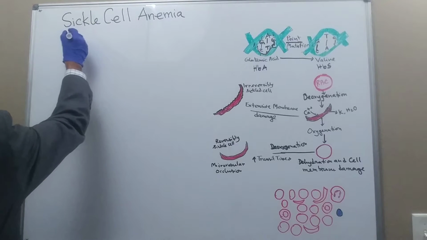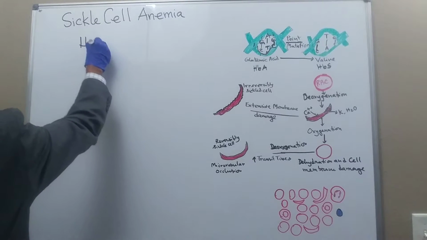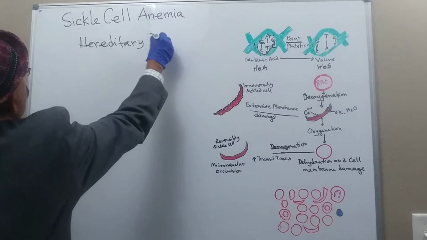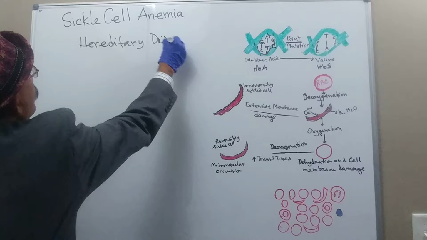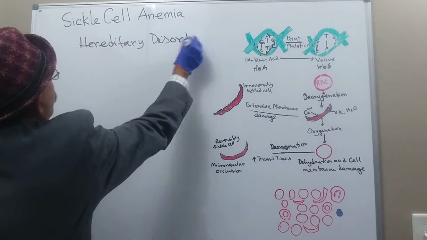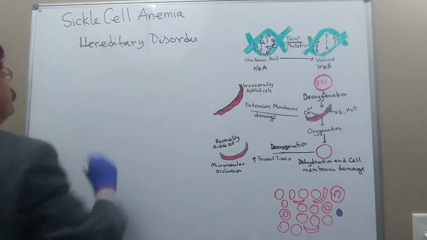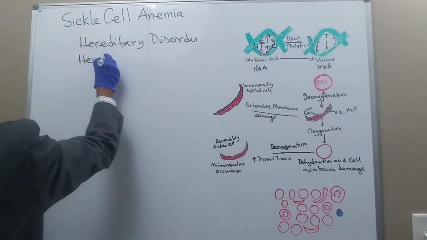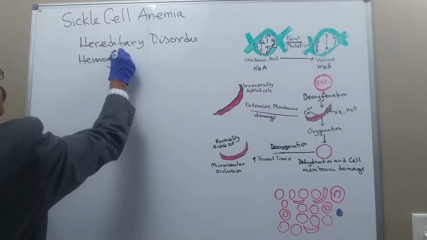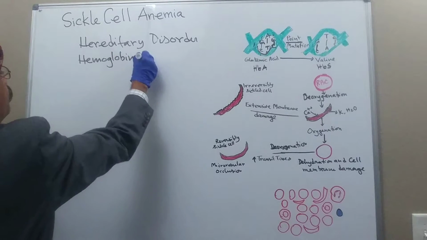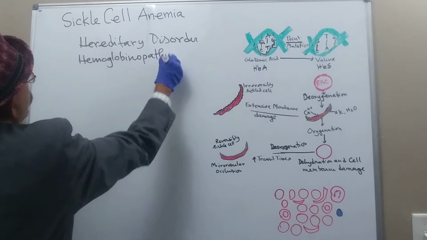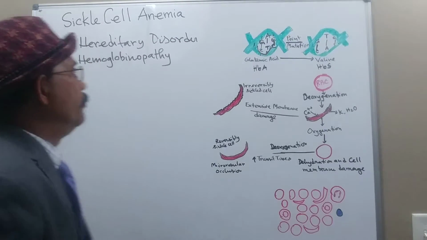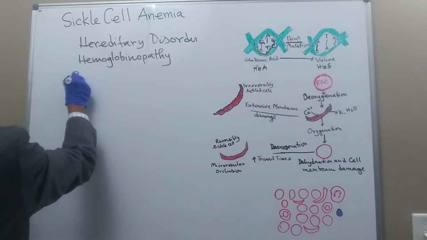Sickle cell anemia is a hereditary disorder, a disease of the hemoglobin, a hemoglobinopathy.